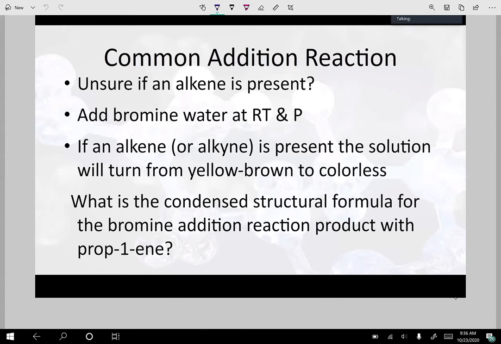So we've got Br2, and thank you, Ilhan, for making sure that we know that we have to have that too, because it's diatomic when it's on its own. Excellent. And we have prop-1-ene. So again, I want to hear some voices, some new ones this time. So how many does prop mean?